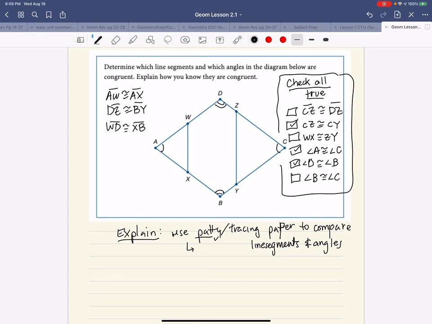Okay, with some other angles, I might have to use 3 letters to compare. I see this angle W and this angle X, but there's more than one angle at W. So I'm going to need to use the 3 letters AWX, and then this other angle here, the 3 letters AXW.